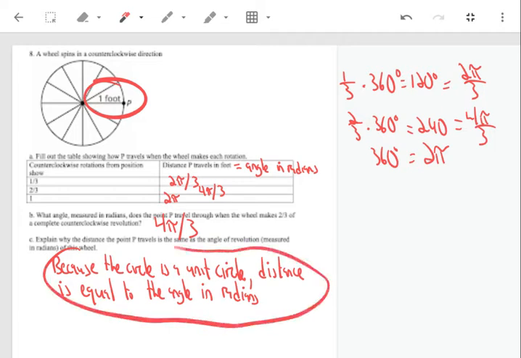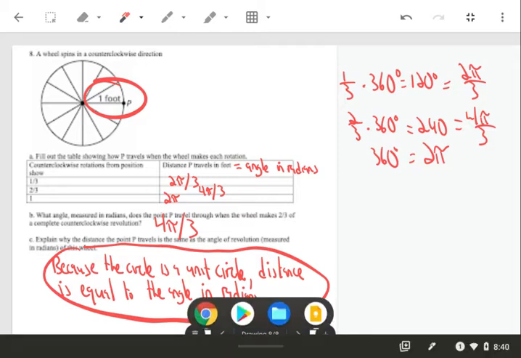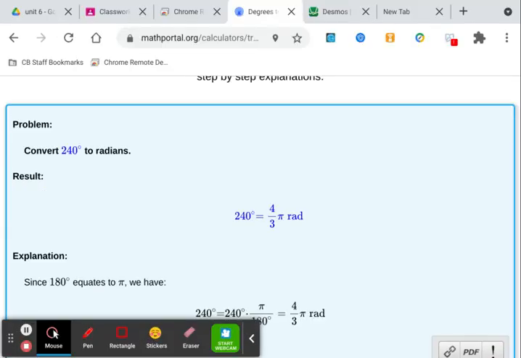So that is the reason. Okay? The distance is equal to the angle in radians because the circle, the wheel, is a unit circle. Okay? And that is it for number 8, and that is it for the study guide.